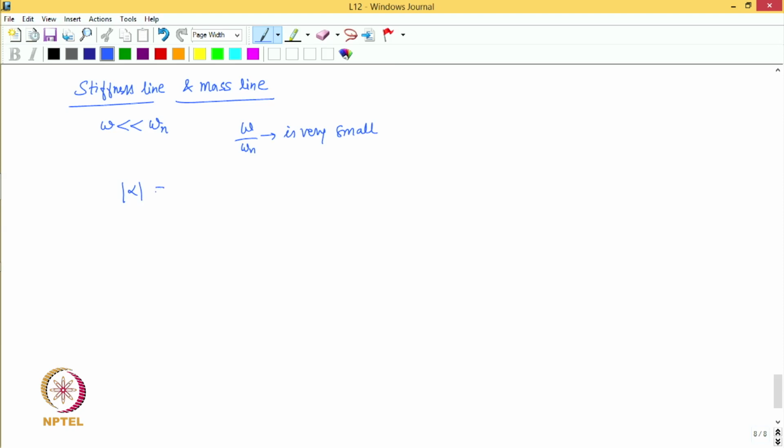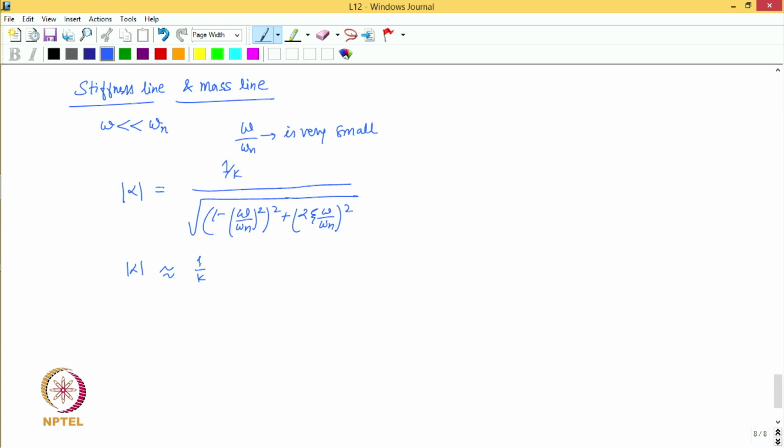Let me write that expression again here, 1 by k in the numerator, and then we have 1 minus omega upon omega n square whole square plus 2 zeta omega upon omega n square, right. So, if omega upon omega n is very small, then what is going to happen? The alpha magnitude can be written as 1 by k, right.